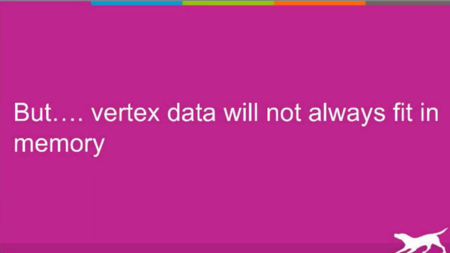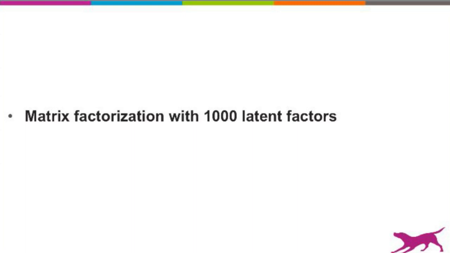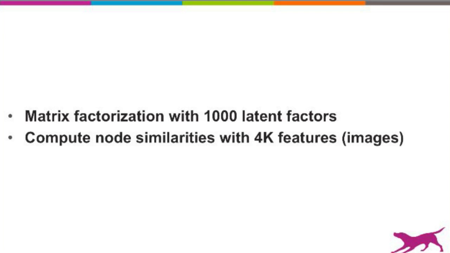However, so far, my assumption is that you can load the entire vertex table into memory, but sometimes it just won't fit, right? There are cases where you want to run matrix factorization with 1,000 latent factors. That means you're storing 1,000 numbers with each vertex instead of 2 numbers. There are times where we store images associated with each vertex and just want to compute the similarity between 2 images.